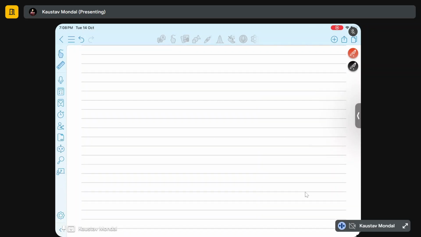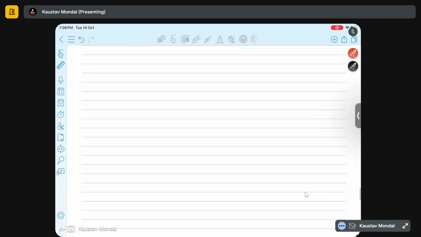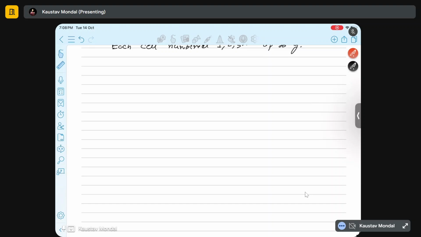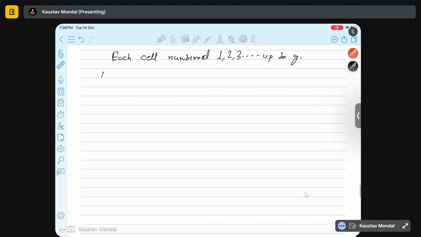Although all of these are indistinguishable, since they are bosonic particles, the particles are lettered a, b, c up to n, and they are indistinguishable.